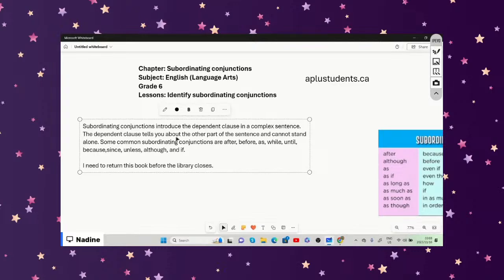So a subordinating conjunction introduces the dependent clause in a complex sentence. And like we said, a complex sentence has an independent clause as well as a dependent clause.